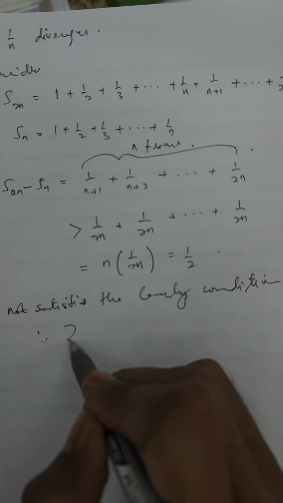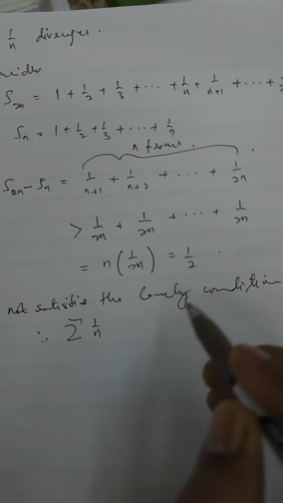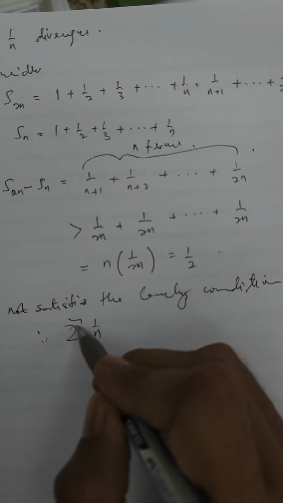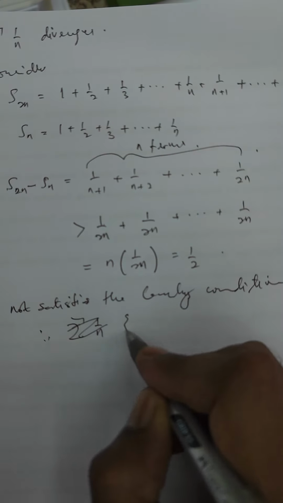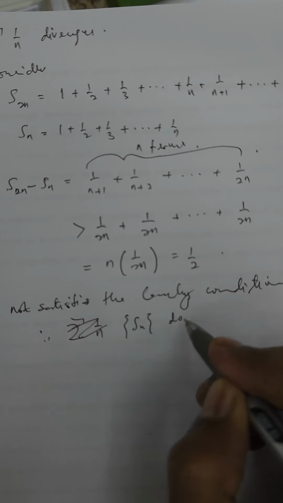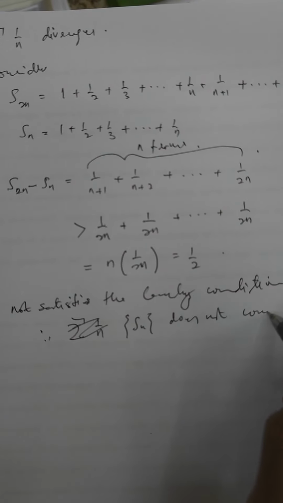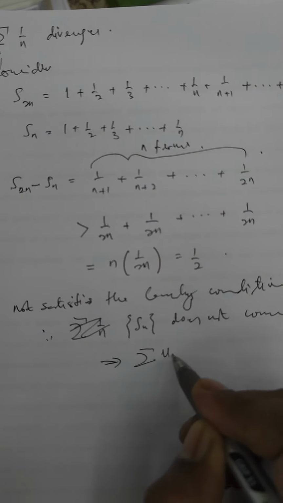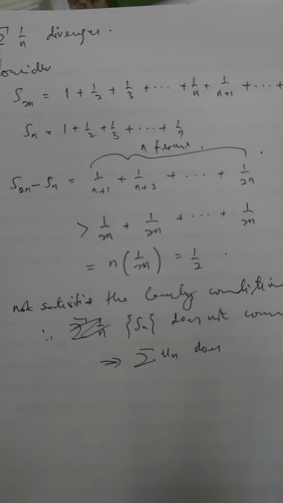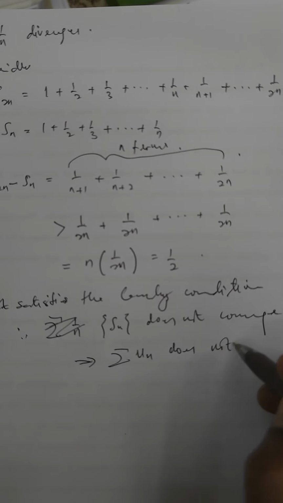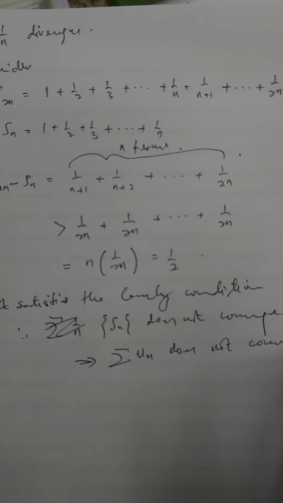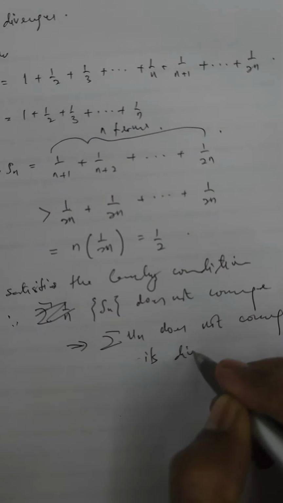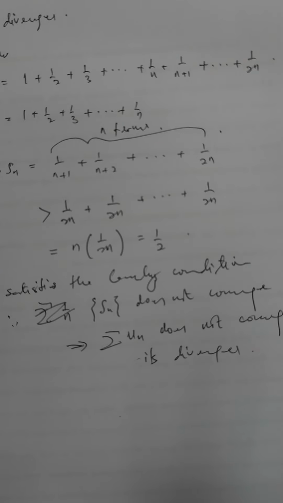Therefore the series 1 over n does not converge. The sequence of partial sums Sn does not converge, which means our series does not converge. In other words, it diverges.